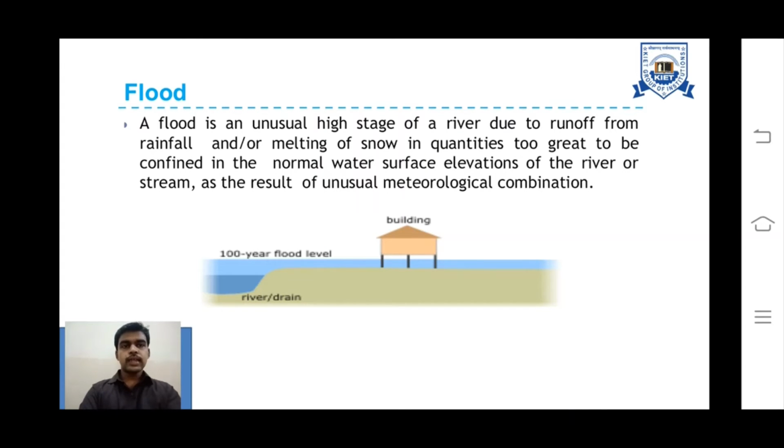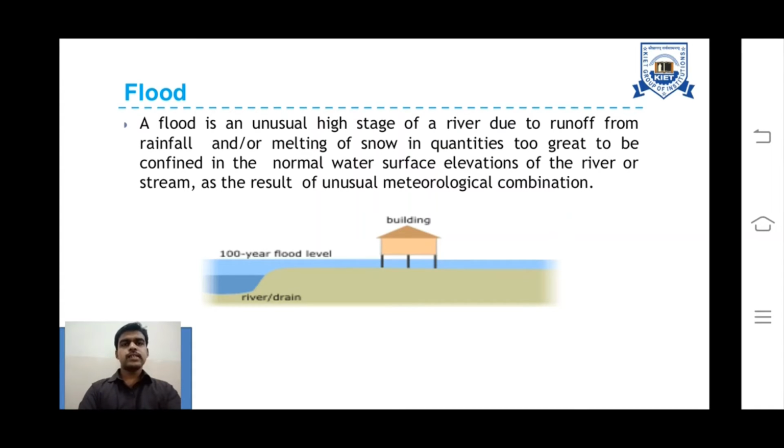That results from an unusual meteorological combination. Because sometimes rainfall continues in major metropolitan cities. We are getting more rains. That also leads to floods in our roadways everywhere. In some conditions, dams will be overfilling and there is an unusual high stage of the river due to runoff. So everything is happening.